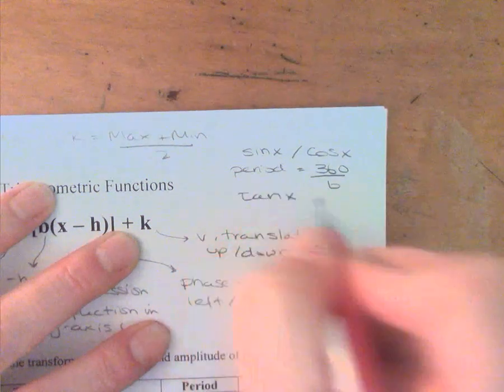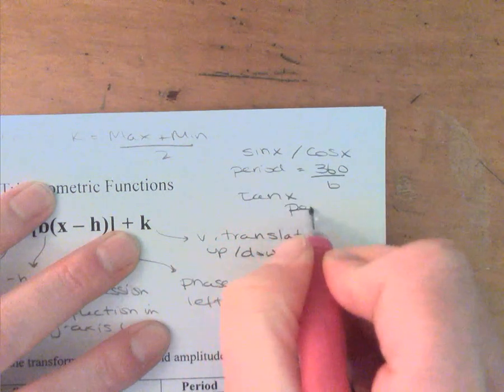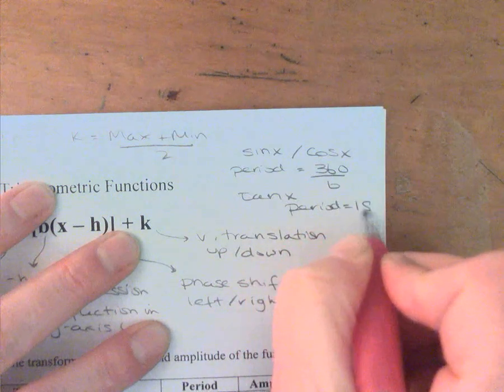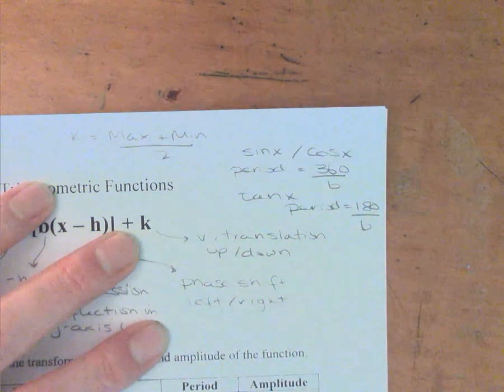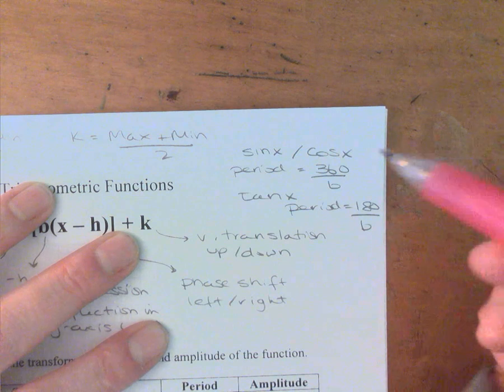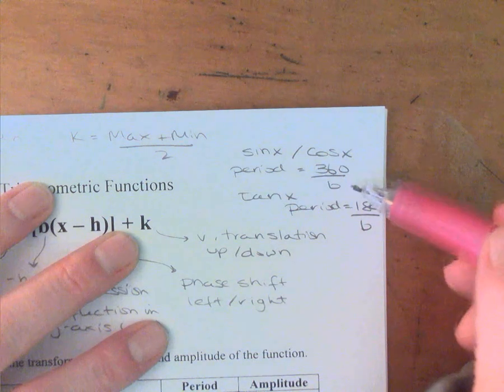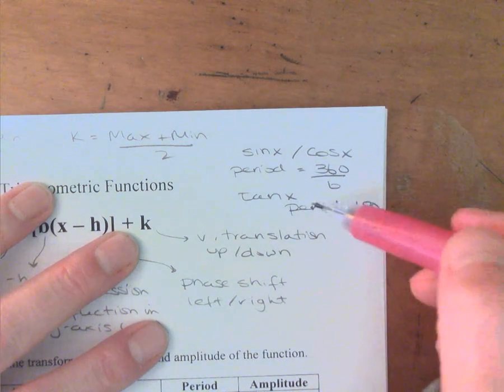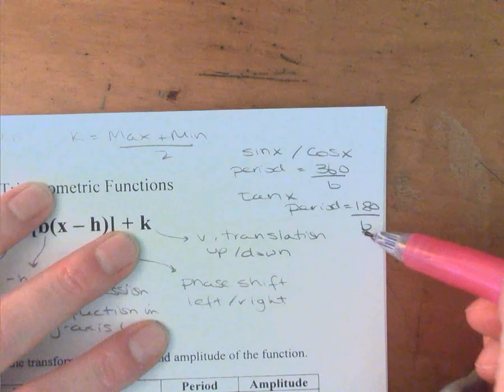If I have a tan x graph, the period is 180 divided by B. So that's the important difference. Sine and cosine is 360 divided by B, and tan will be 180 divided by B.